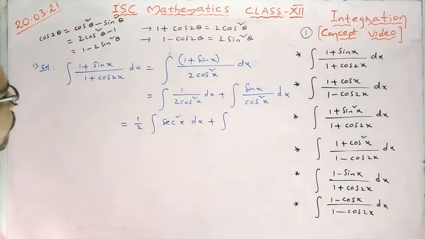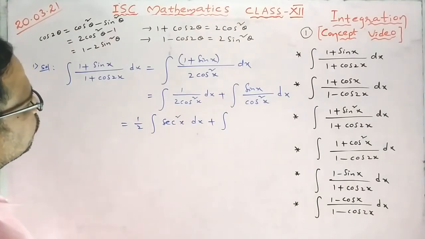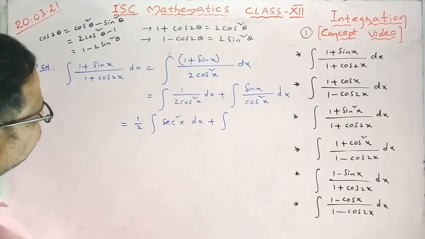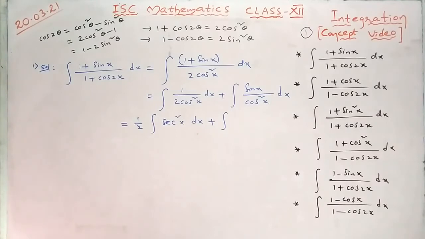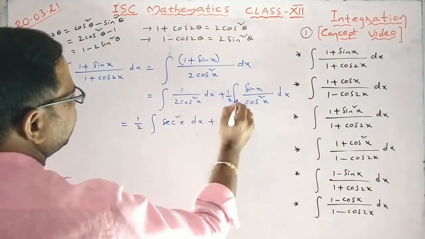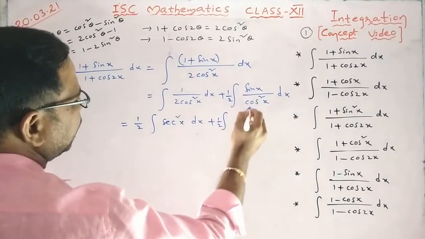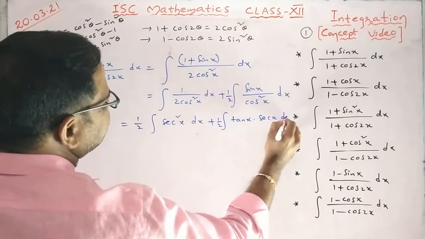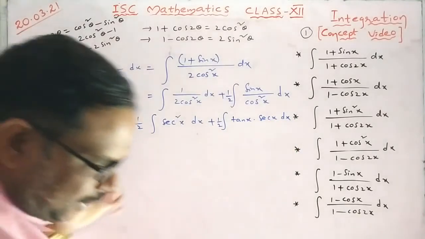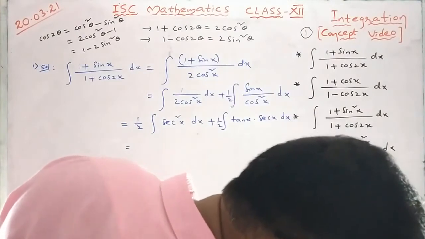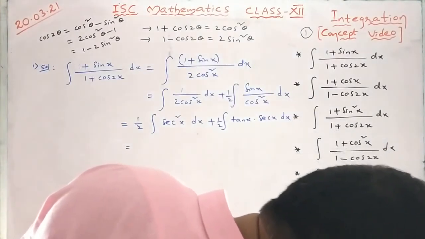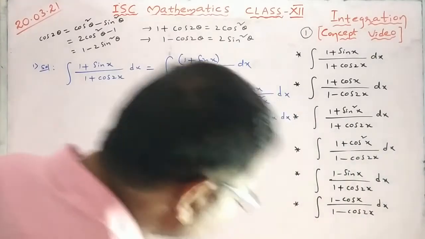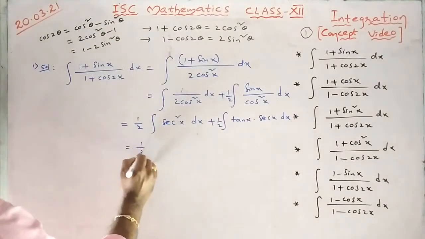For this also 1 by 2 will be there, right? So sin by cos means tan x, 1 by cos means secant x dx. Now write the formula for that. We can write the formula, right? What is the integration of secant square x?